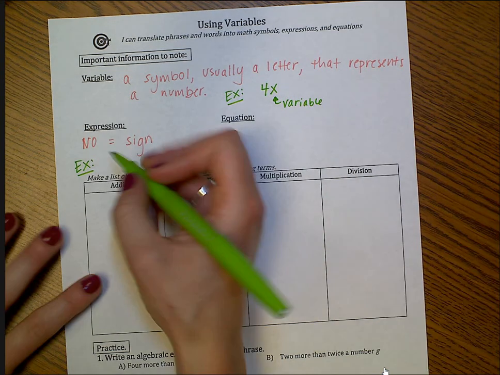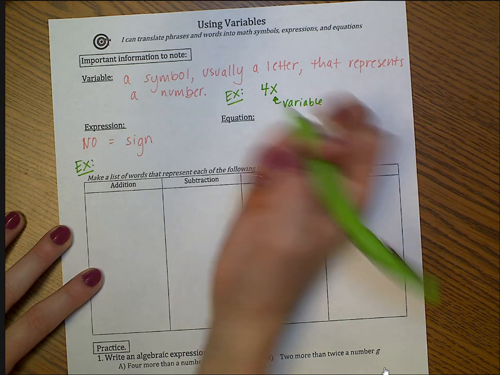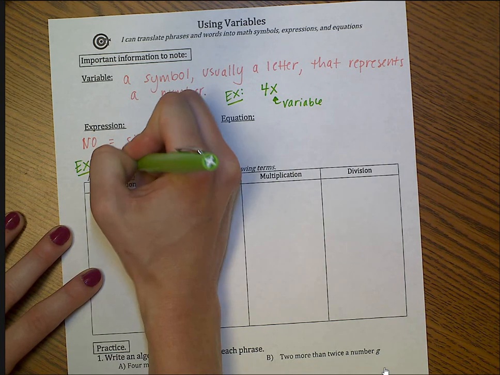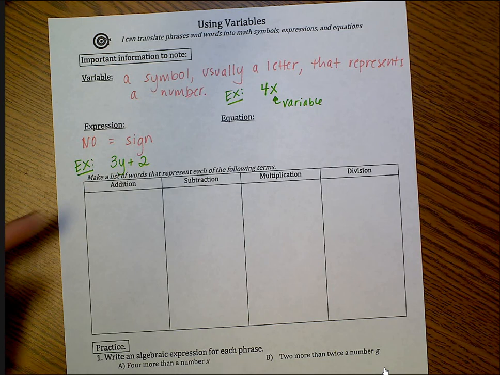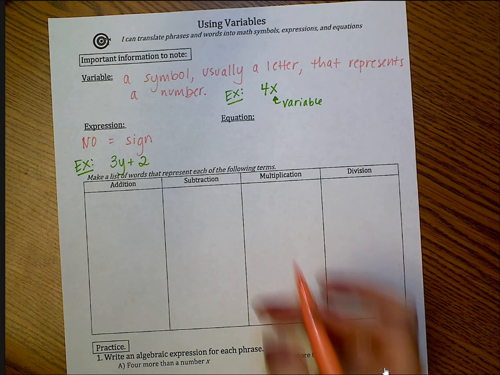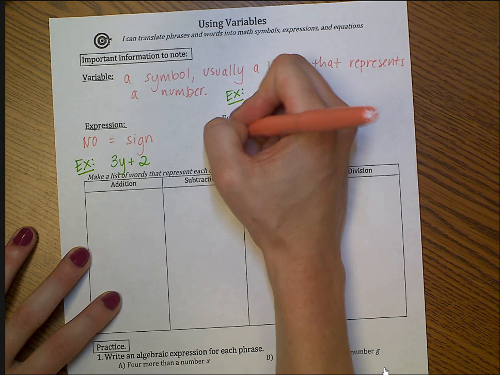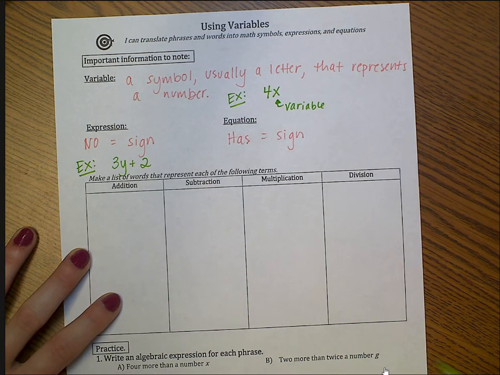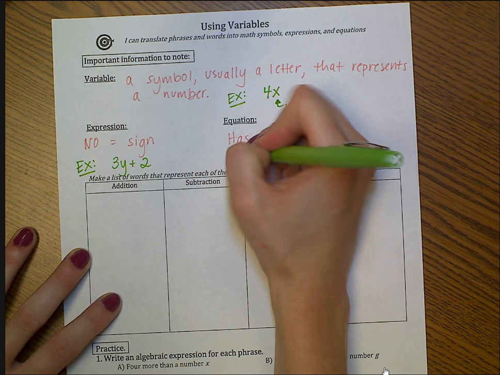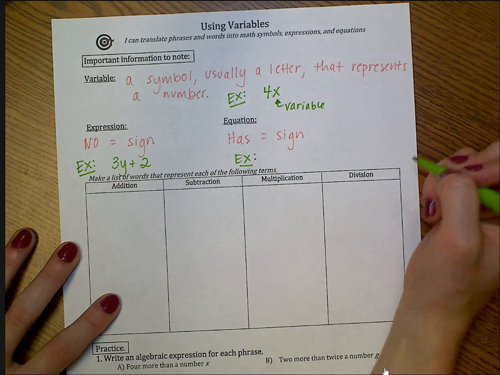I'll give you another example. We don't have to use x, maybe like 3y plus 2. It's any combination of letters, numbers, math symbols, tons of options here. Now an equation does have an equal sign. It's still letters and numbers, we just throw the equal sign in there.